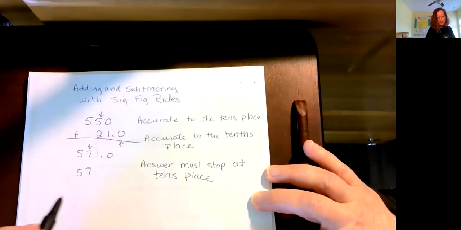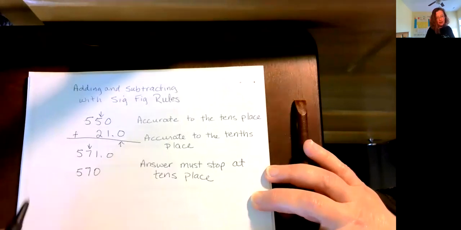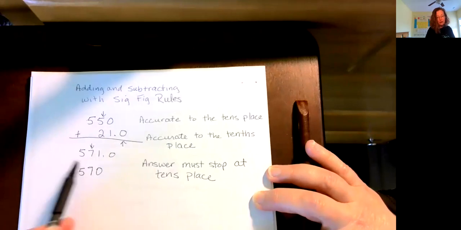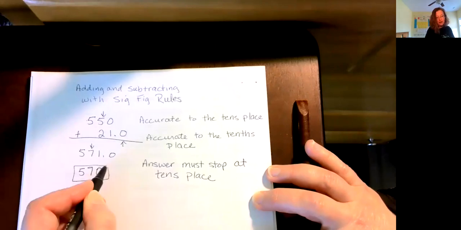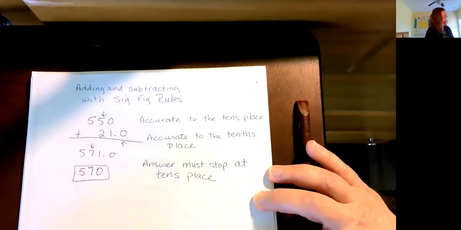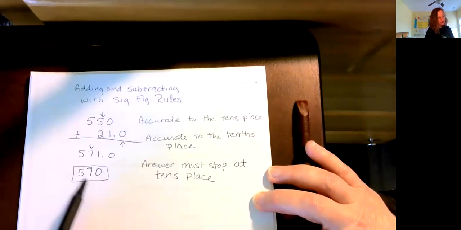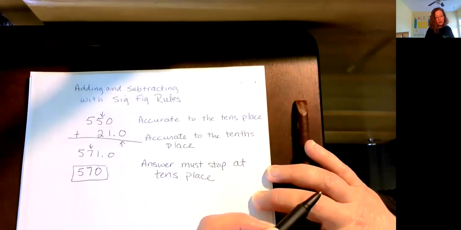I'm not going to give you 57, I'm going to give you 570. That will be close to 571. This will be our final answer. It's accurate after addition to the tens place, just like the least accurate number that we worked with.